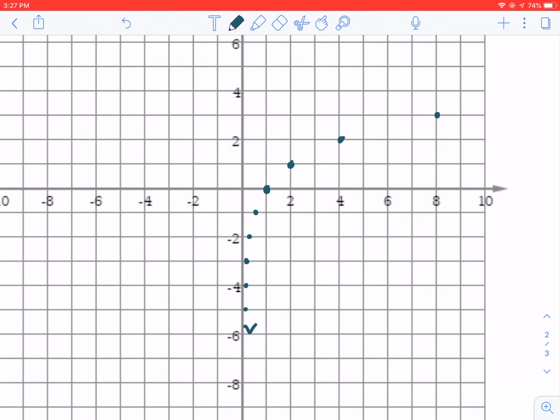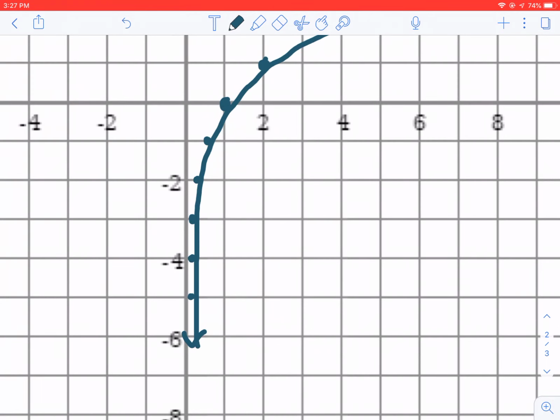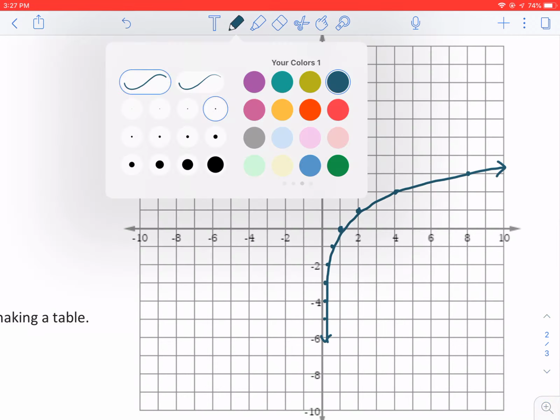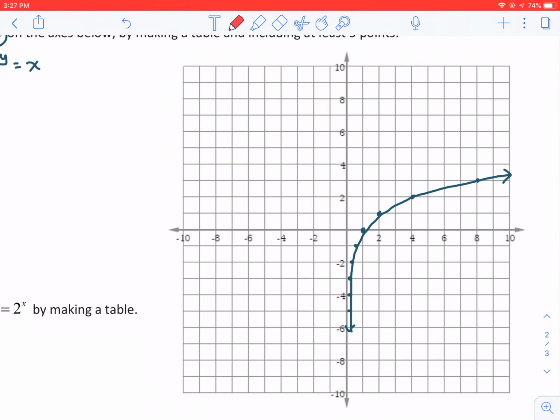And so when I draw my graph, it should look something like this. All right? And your graph should absolutely not pass the y-axis. Because what is happening is we get closer and closer to the y-axis, but our function will actually never reach it.